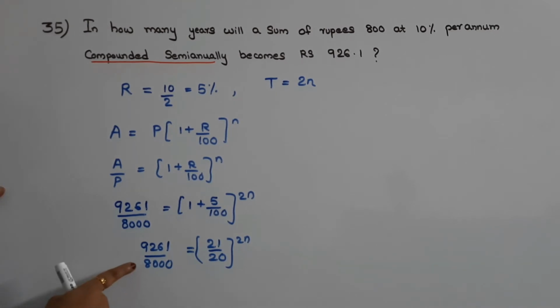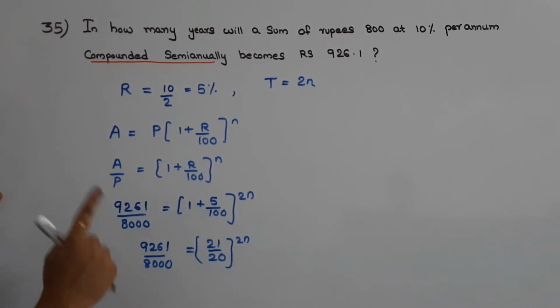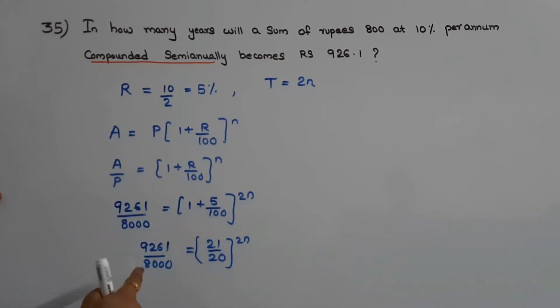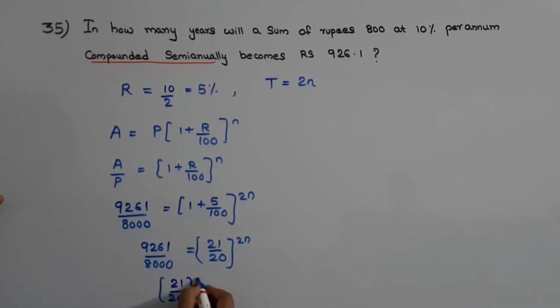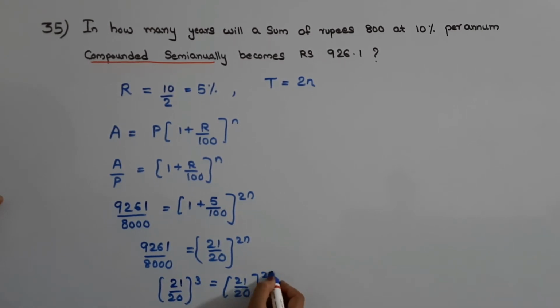Now on having a close look at it, this 8000 is 20 cube and this 9261 is the cube of 21. So we can write this as 21 by 20 cube is equal to 21 by 20 whole raised to 2n.